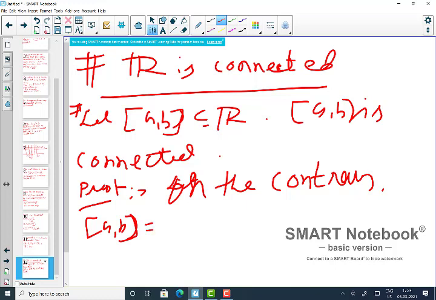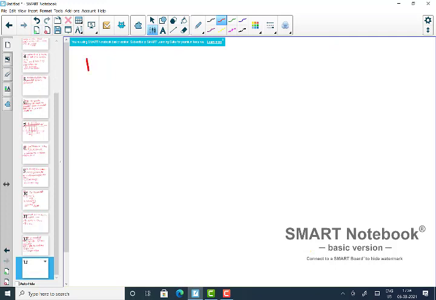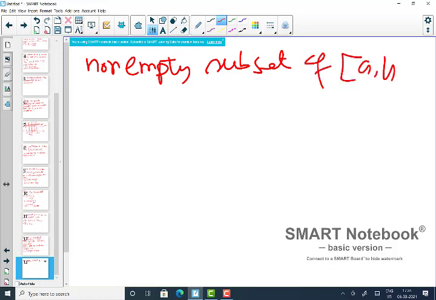That means you can write it as U union V, where U and V are open, disjoint, non-empty subsets of this interval.